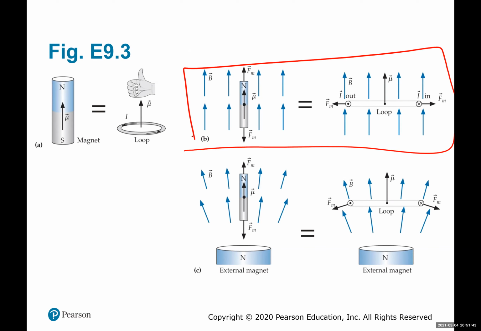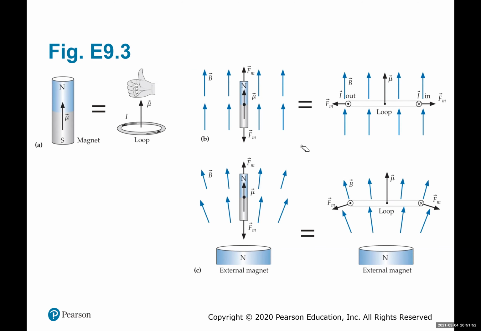In this orientation, there's no torque and there's no net force, equilibrium. In the non-uniform field, now this is a magnetic dipole moment that points away from the magnet, not towards it.